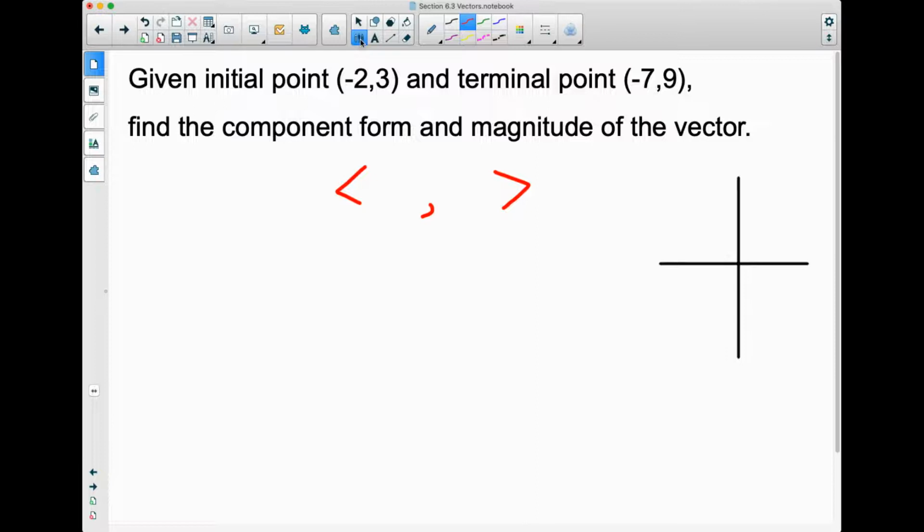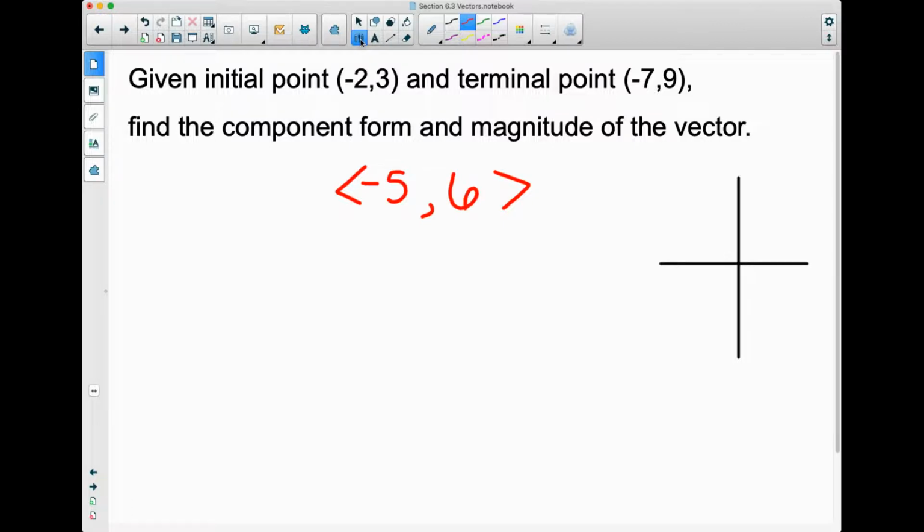All right, so if I do this algebra one way, or if I just go ahead and subtract the two, it doesn't matter. What's the difference between my x's of the first part of my vector? So -7 minus -2. Okay. And 9 minus 3.